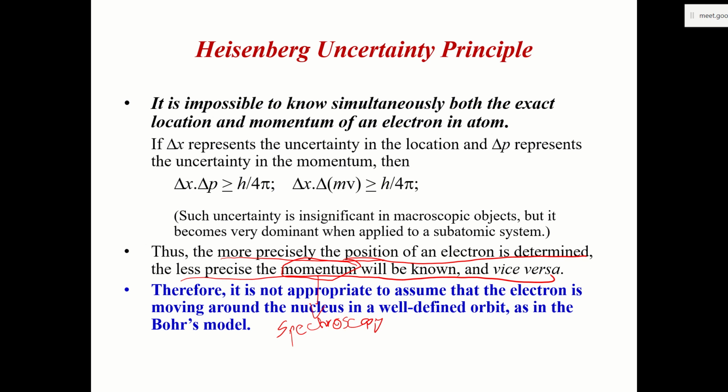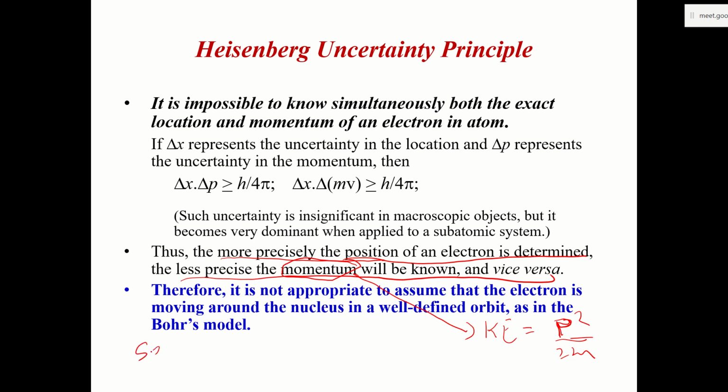So this is, momentum is related to energy. Kinetic energy is equal to p square by 2m, right? You know this. So momentum is determined once you do spectroscopy. So what is the thing that is happening?